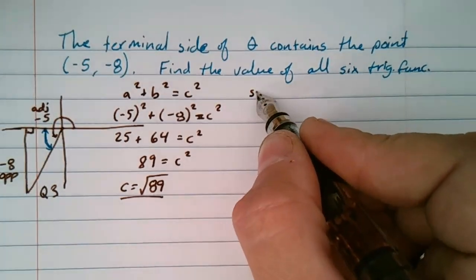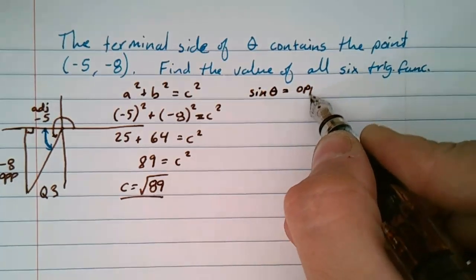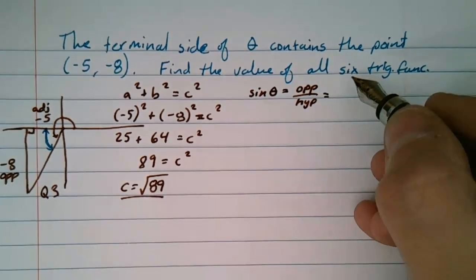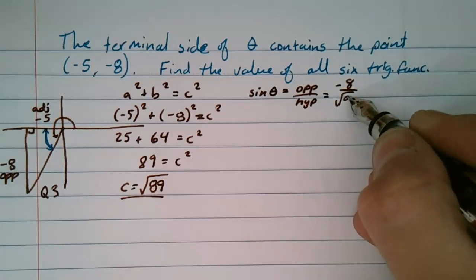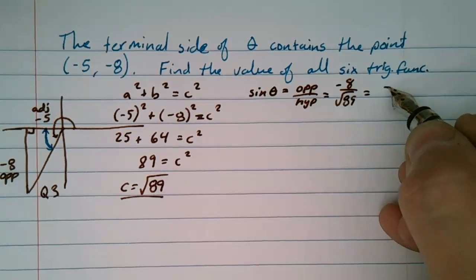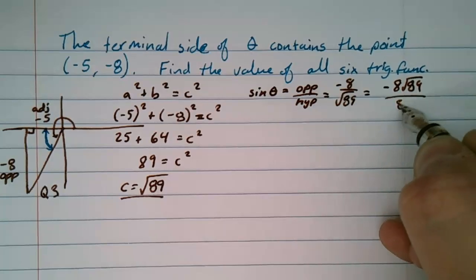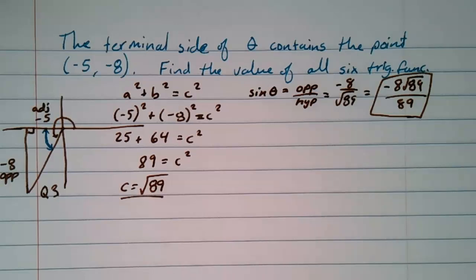So we're going to start with sine of theta. Sine of theta is opposite over hypotenuse, which is going to be equal to what? -8 over root 89, which is equal to -8 root 89 over 89. Didn't say it'd be a pretty number, just said it works.